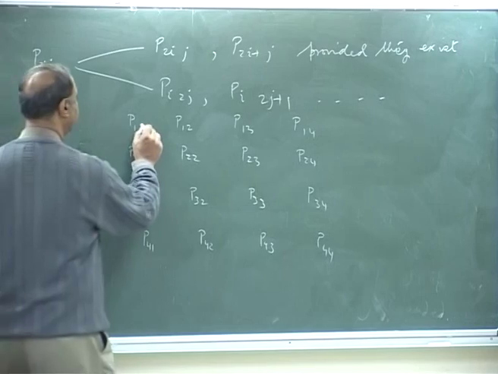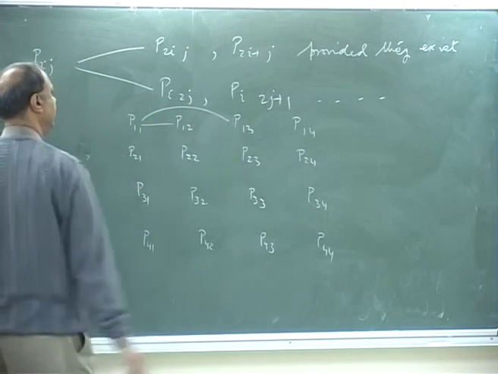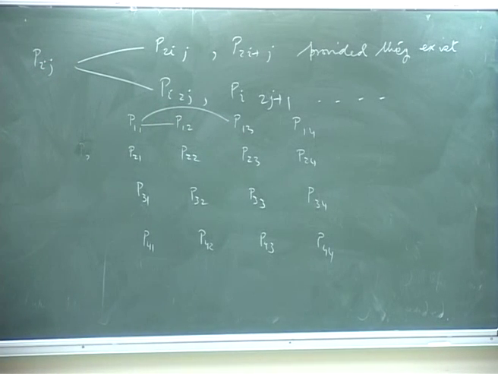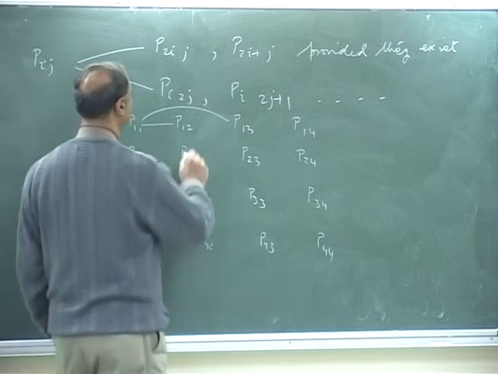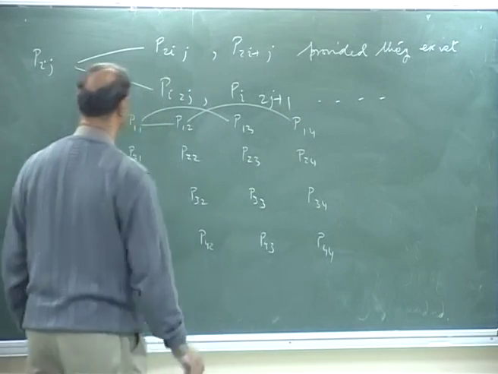So, connection is like that. P1 is connected with this, right? Then this is connected with this.